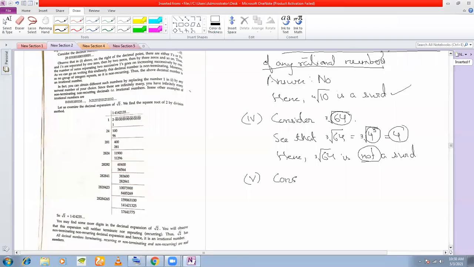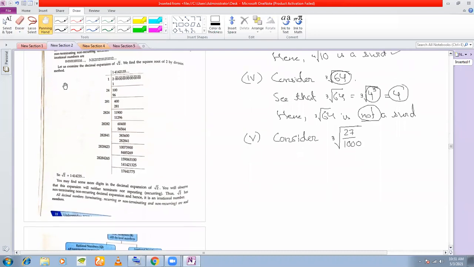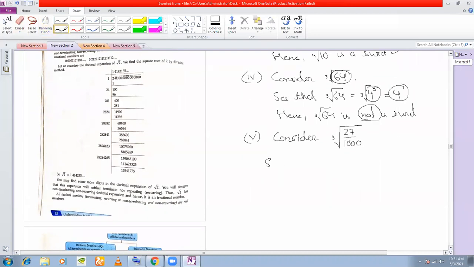The fifth example here, consider the cube root of 27 by 1000. The question is whether this is a surd or not. See that in the cube root of 27 by 1000, the number in the numerator is a perfect cube.